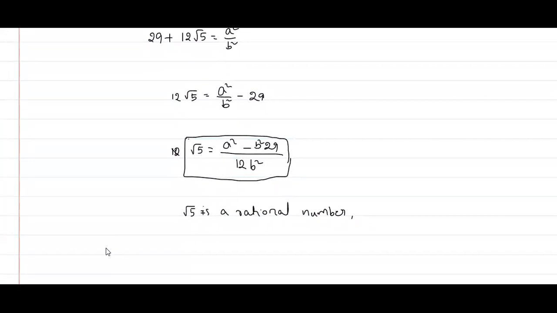Our assumption is wrong, because root 5 is an irrational number.